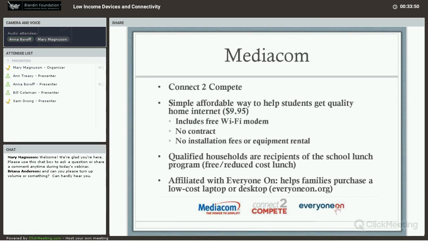Right now their program is for those who qualify for free or reduced cost lunch, to make their services available to eligible families in areas where their broadband network is present. So there's no deposits, no contracts, no installation fees or equipment rental, anything like that. Their Wi-Fi modems are free, and they're affiliated with this Everyone On program that helps families purchase a low-cost laptop or desktop.